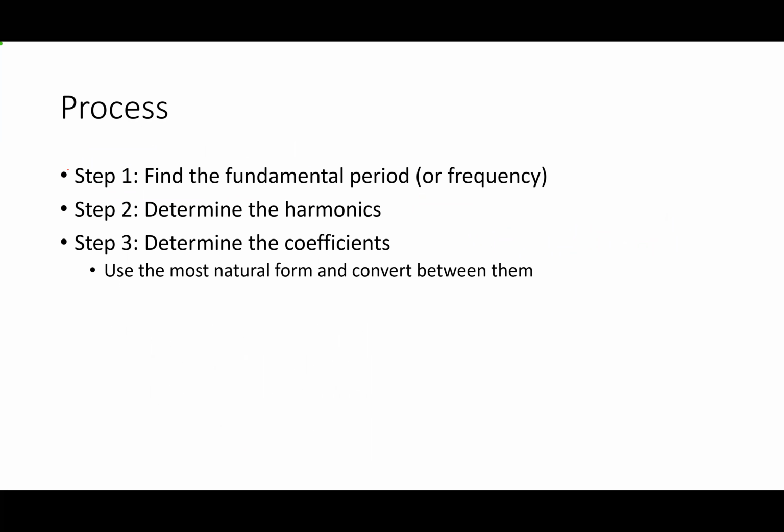The next step is to determine which harmonics are actually present in the waveform. The third step is figuring out what the coefficients are, and the way that you do that is you use the most natural form, just from inspection. Then I try to convert between the different forms.